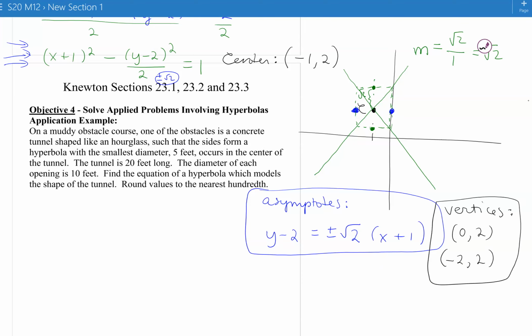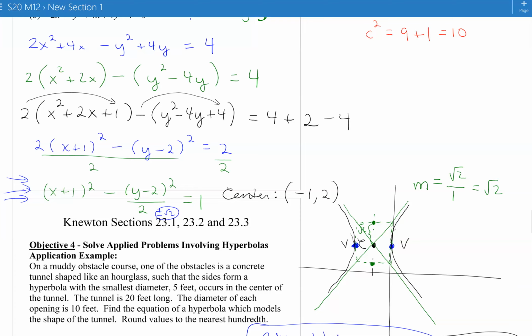We could say what the transverse axis is at this point. It's going to be y equals 2. And we can draw our graph since we know it opens right, left, and we see where the vertices are. You could label them if you like.